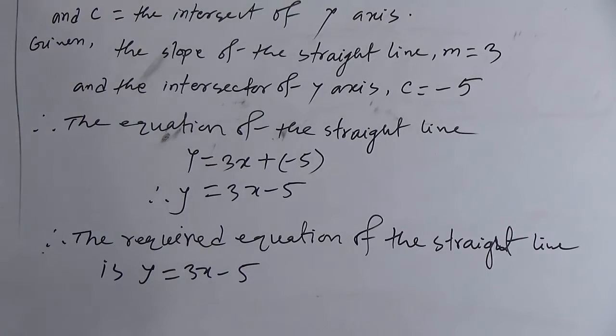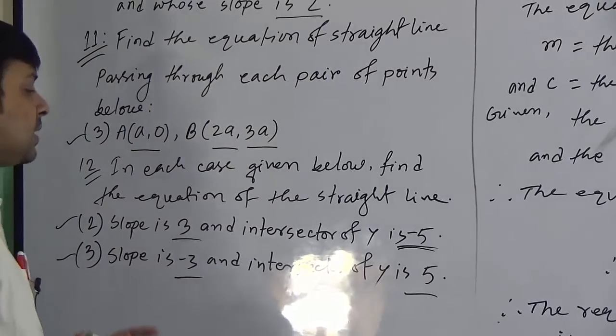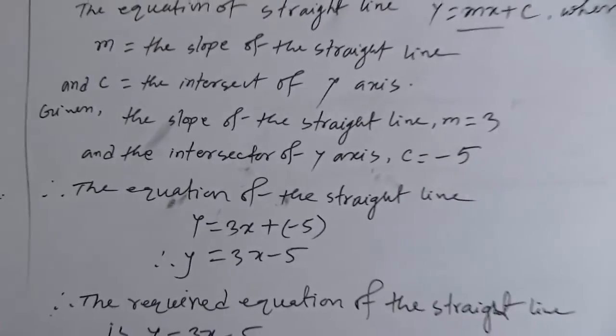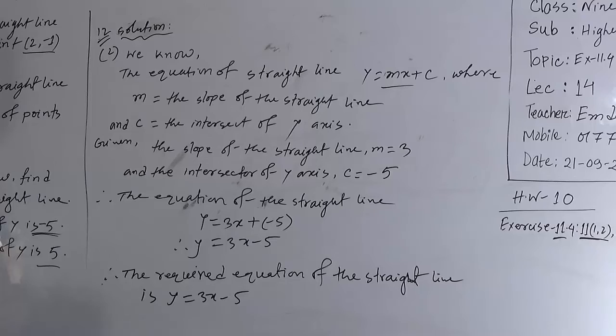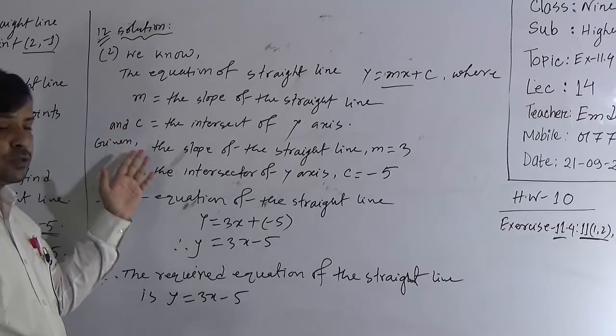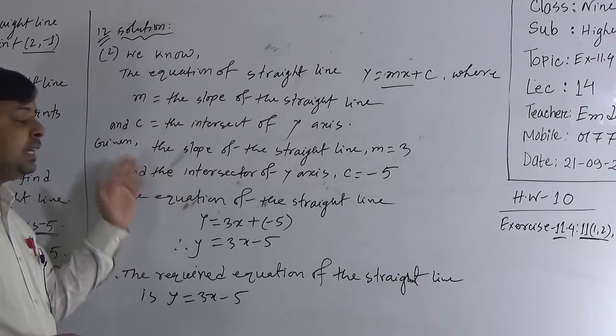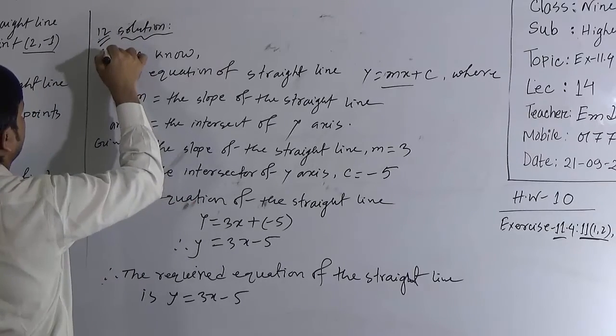Okay dear students, now I have to solve question 3. Question 3 also we can solve in similar process, just the value of m and c is different here. If you can understand the solution of question 12.2, you can solve any question of 12. Now I will solve question 12.3.